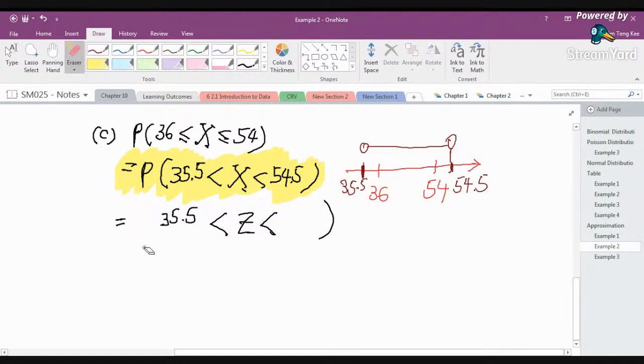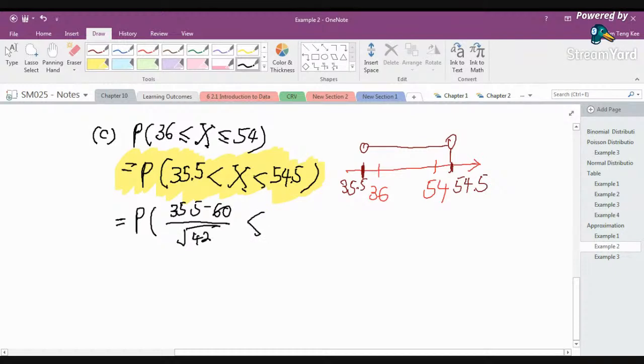Sorry, I don't have enough space, so let me erase it and write it slowly. So I have P of 35.5 minus 60 divided by square root of 42 less than X turn into Z, then 54.5 minus 60 divided by square root of 42.